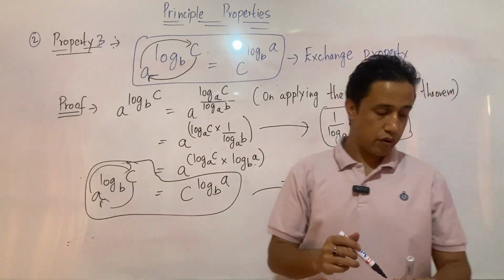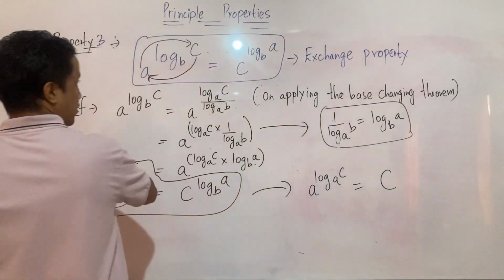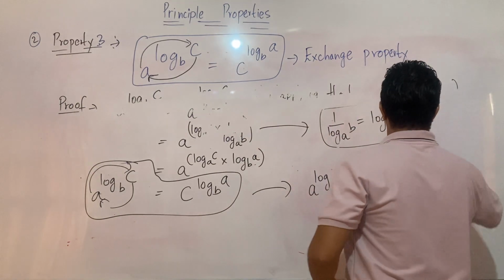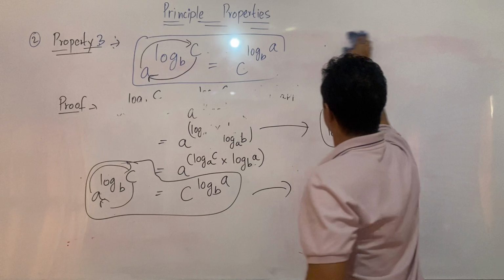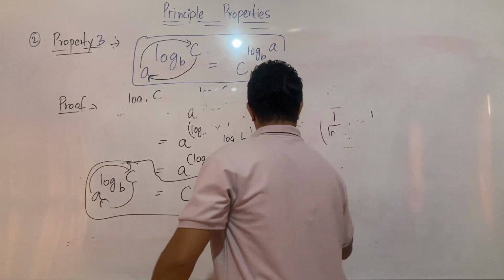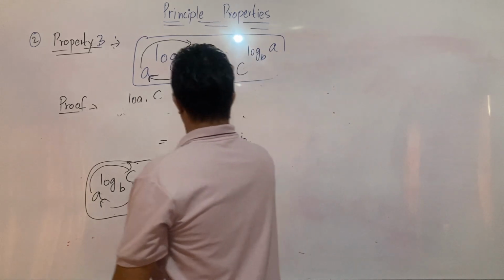Okay, so they are just interchanging their place. So now go to the last one. This is the exchange property.